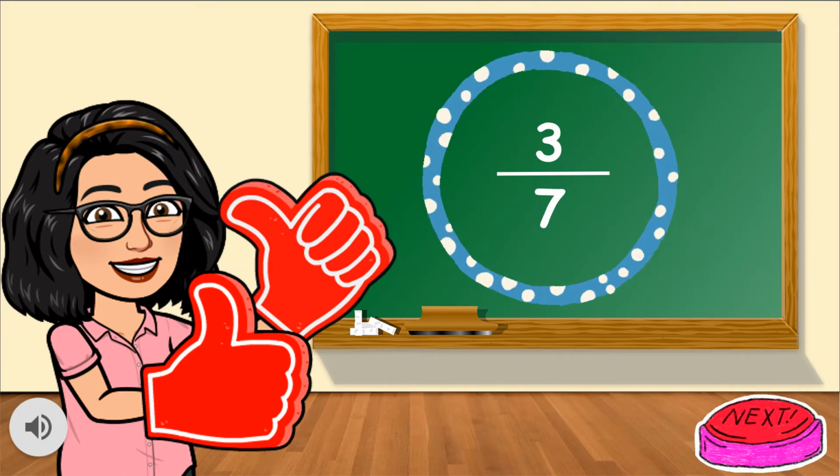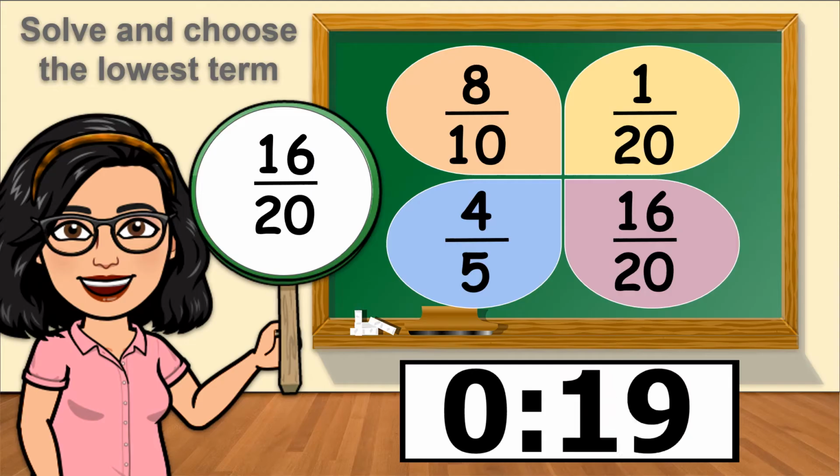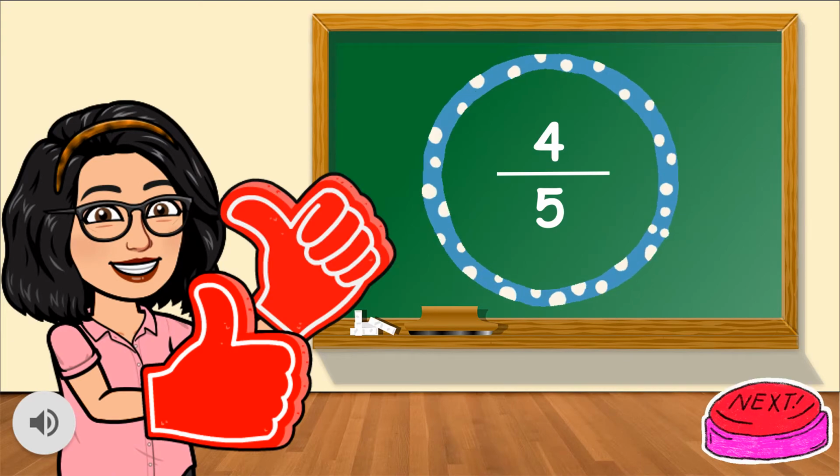Last number. 16 over 20. What is the lowest term of 16 over 20? 4 over 5? Math amazing!